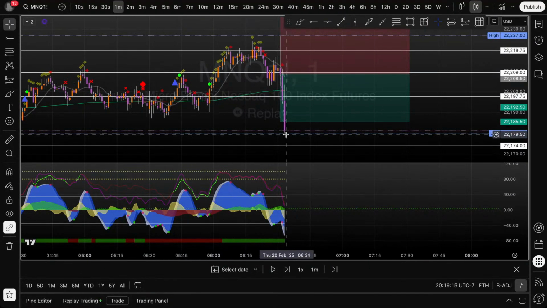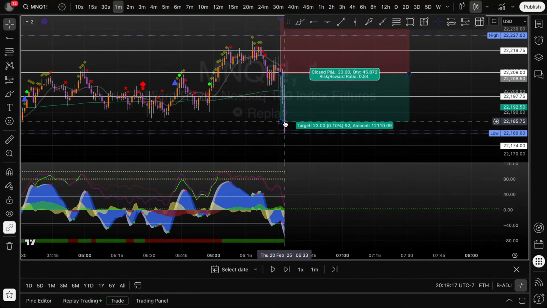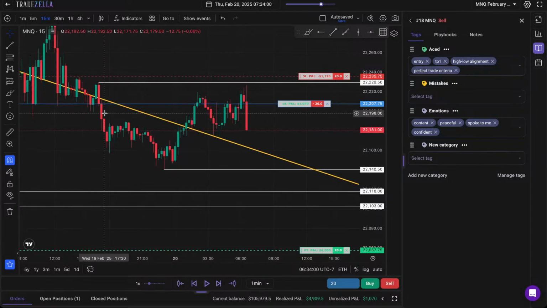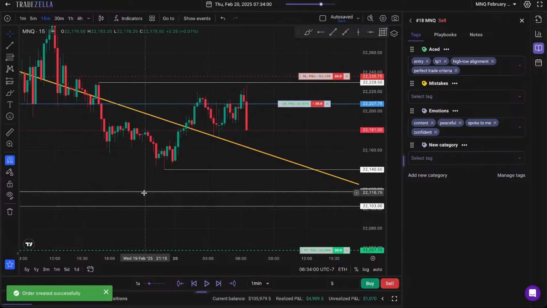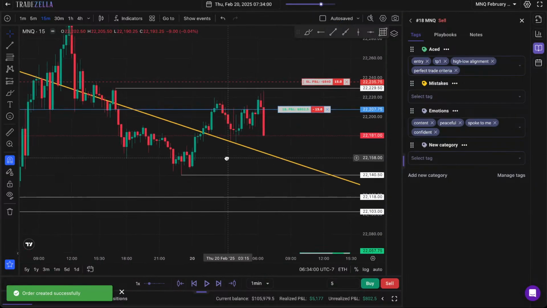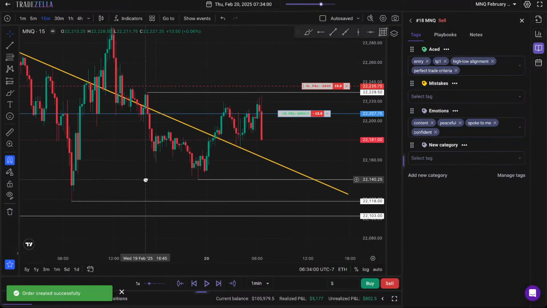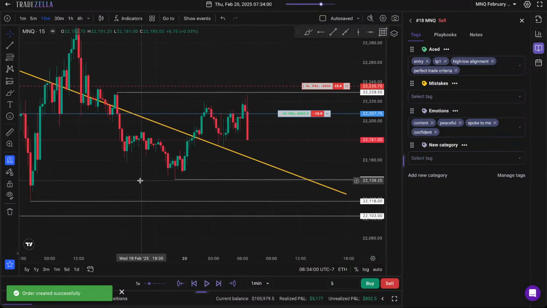Let me see, where we at? 185.75. All right, that's as close as we can get. We take 5 here. So we're up 1,000. Taking 5 as planned. We're buying back into this short. Took a couple hundred profit. We can't let that slide, folks.